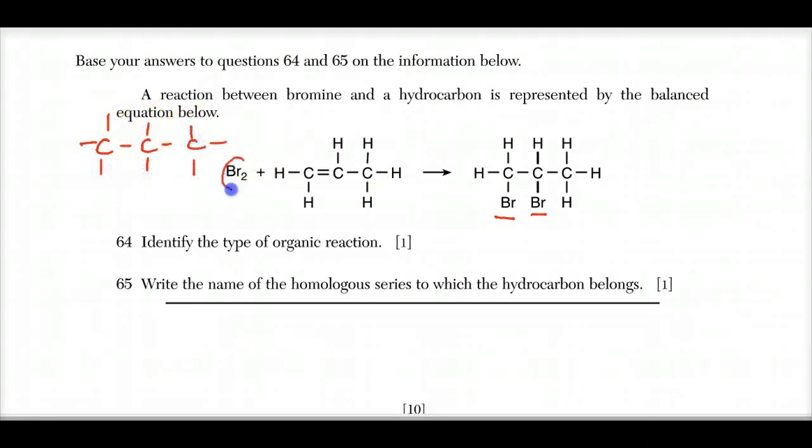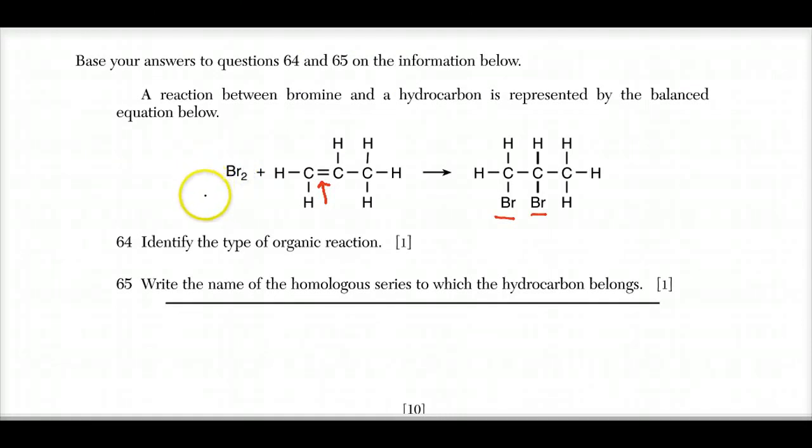If I had bromine trying to attach to this, because this is already filled and saturated with H's, an H would have to come off for Br to come on, and that we call substitution if this was an alkane. This, of course, is an alkene, and therefore it undergoes addition because there is room once you open up the double bond. In any case, this is an example of an addition reaction.